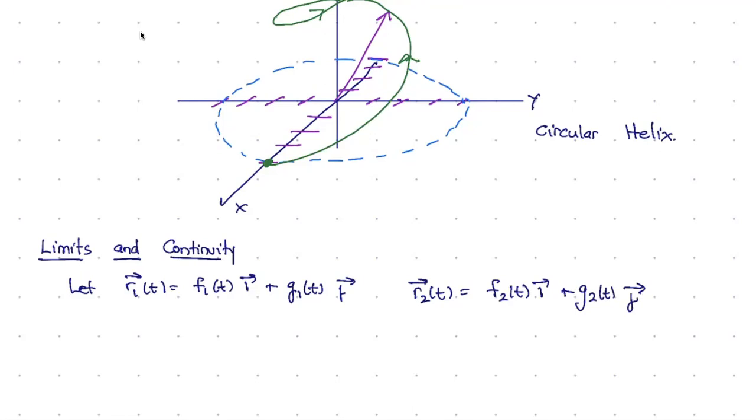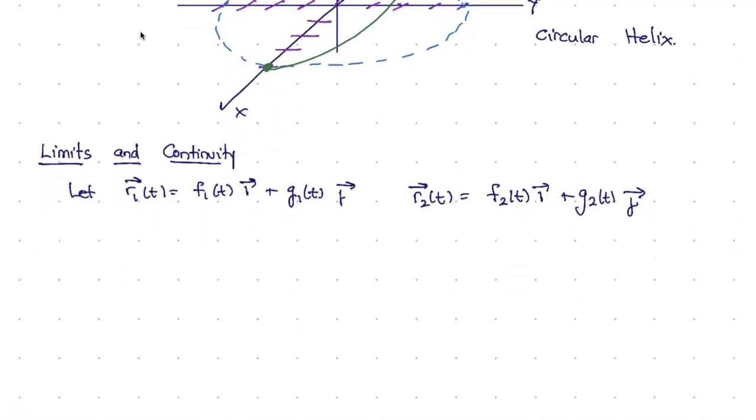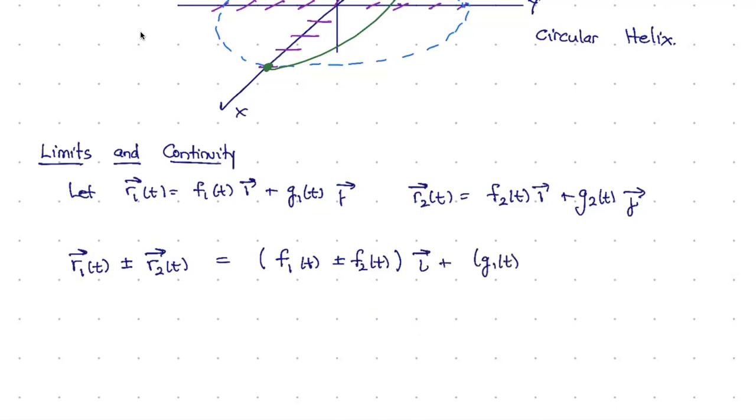This also holds in R3 in much the same way, but for simplicity I will do it in R2. If you were going to add or subtract the two vector valued functions, you would do it component-wise just as you had done previously. And so you would add the x components together, and the y components together.